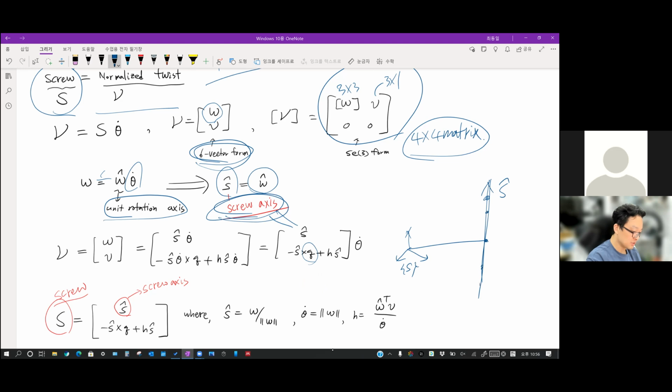Any point on the screw axis can be Q, because when we take the cross product with Q, it gives the same result as the cross product with the orthogonal vector.